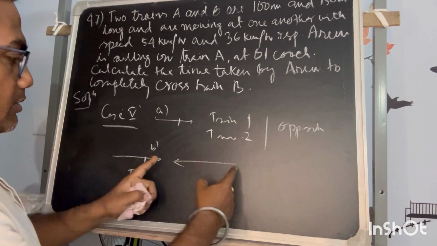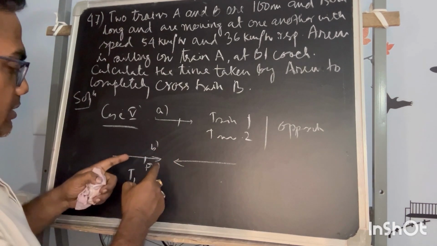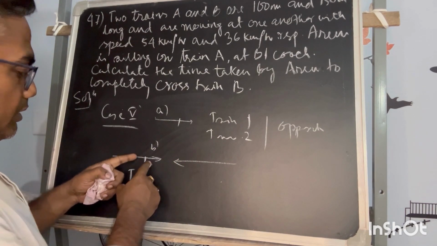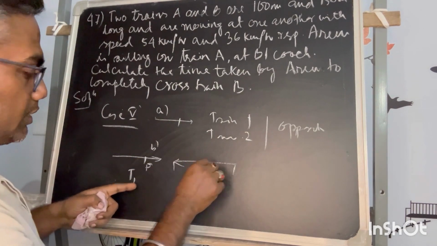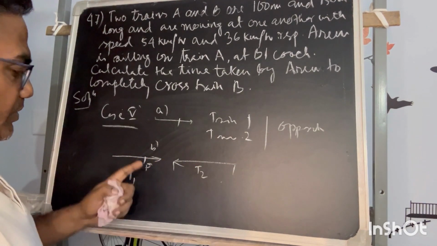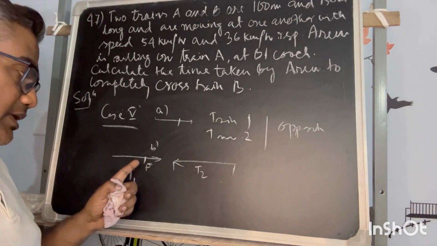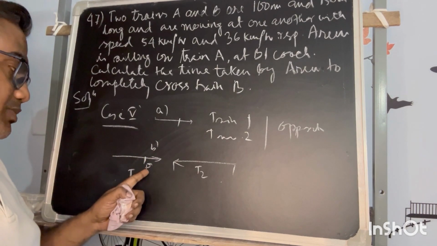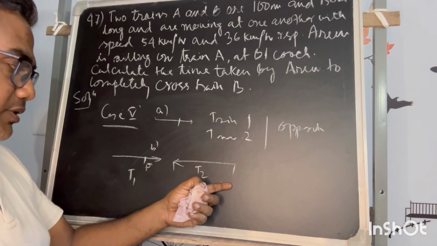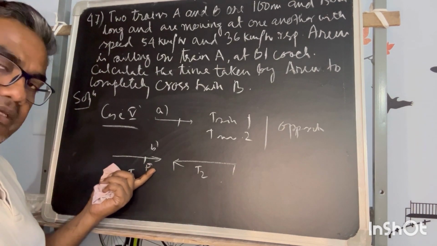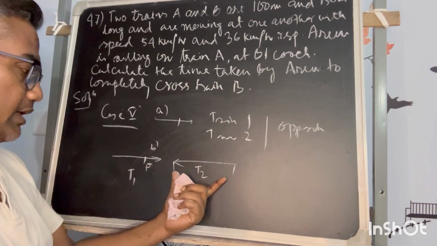This train is moving, but our consideration is where the person will cross the other train, that is the T2 train, completely. This is the ask: what is the time taken by this person to cross the second train, the train other than the one he is sitting on.